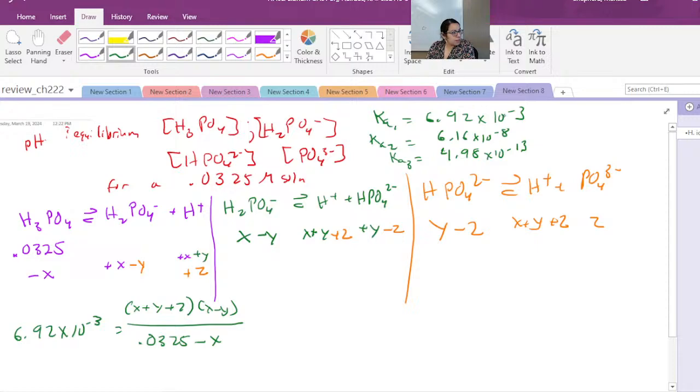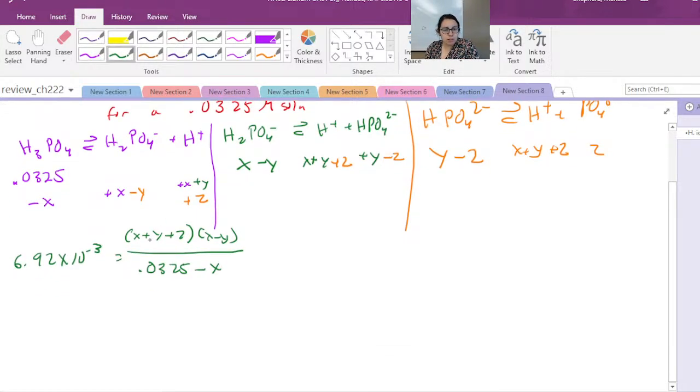So the 10 to the negative 3, this is not as clear, which is why we'll leave it with x and do the quadratic. But this factor, we're looking at a 10 to the 5th difference. That's pretty large. Same with this one, that's another 10 to the 5th. So that's why we can get rid of this plus y plus z factor.